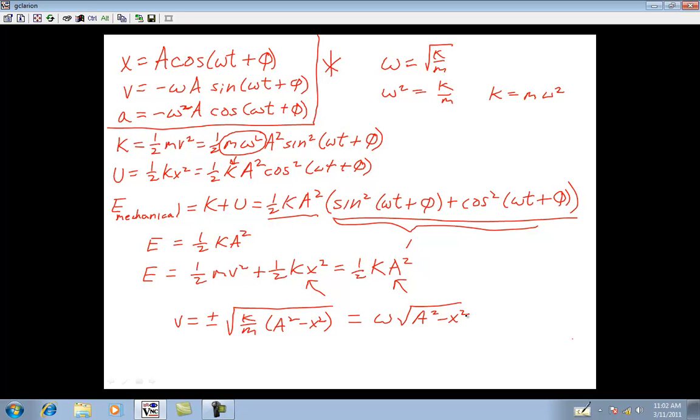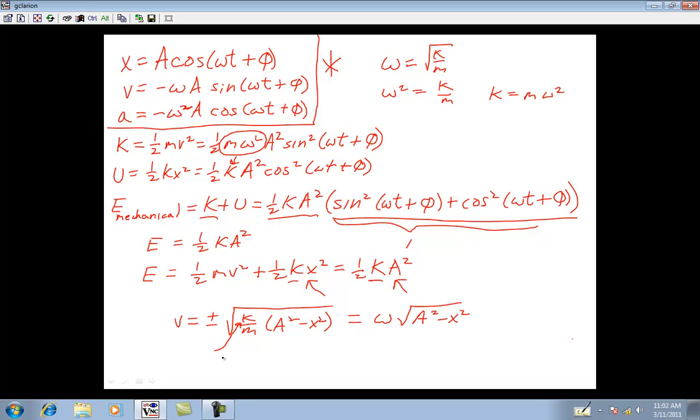Let me just go over with you why. This K here would be kinetic energy, and these K's here would be the spring constant. So that K in this equation is the spring constant. It's supposed to be lowercase, but I draw them pretty similar.